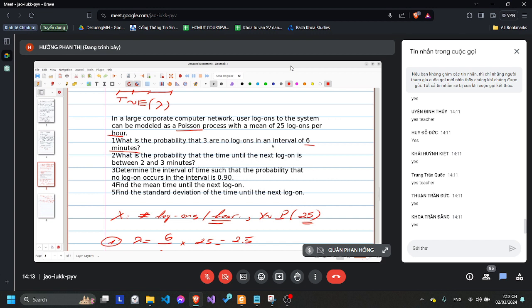In question 1, we are given the interval of 6 minutes and find the probability of no lock-ons. Now, in a different way, we are given that the probability of no lock-ons is 0.9, and we are looking for the term. They are related to each other; it's just a different way of asking.